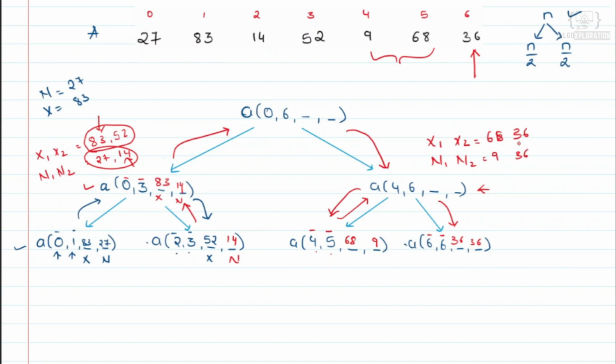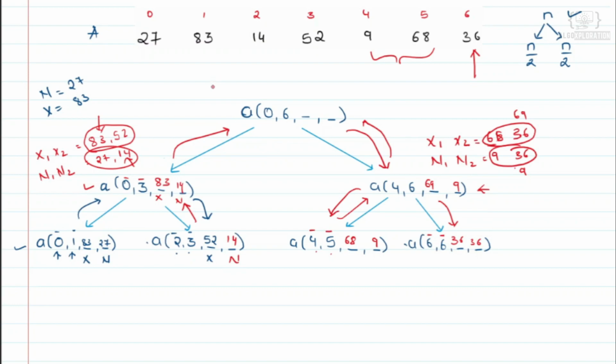Now there will be a comparison between these two elements and between these two elements. Now we found out that the maximum of these two elements is 68 and the minimum is 9. So 68 and 9, and we will return these two values to its parent.